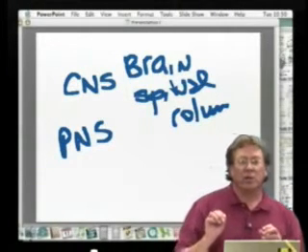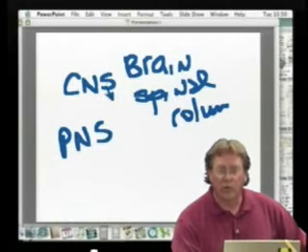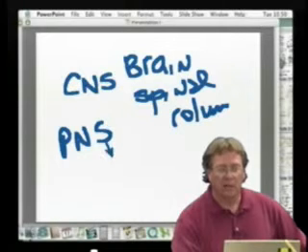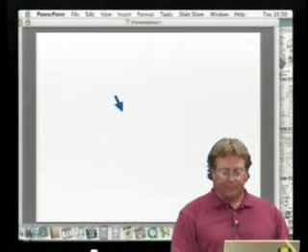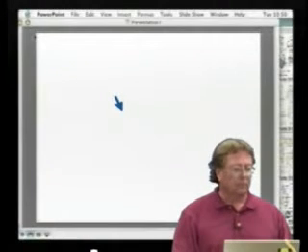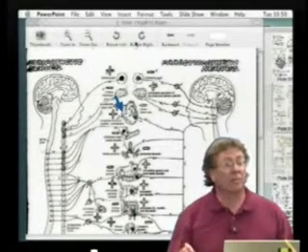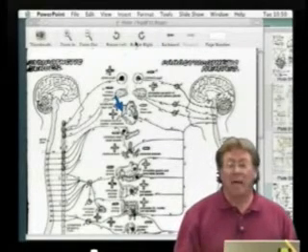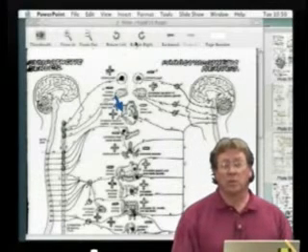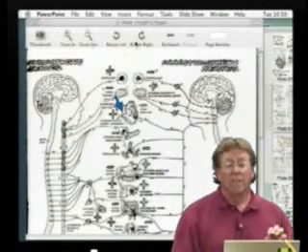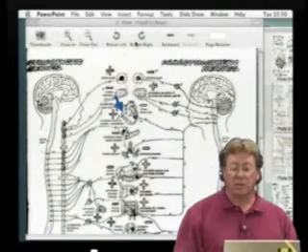The autonomic nervous system is comprised of both a central and a peripheral component. So let's look at those. We've got the sympathetic nervous system versus the parasympathetic nervous system. Anatomically, these two nervous systems are distinguished by where the nerves arise from the central nervous system.